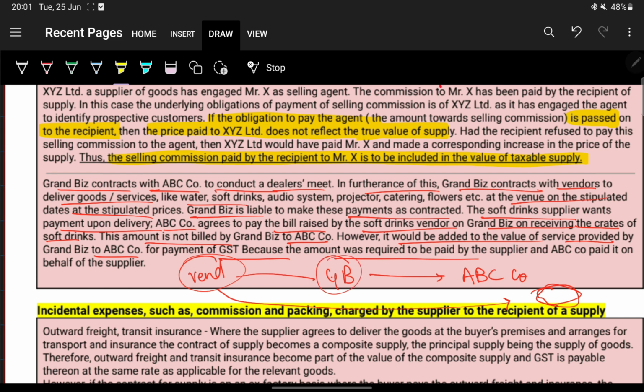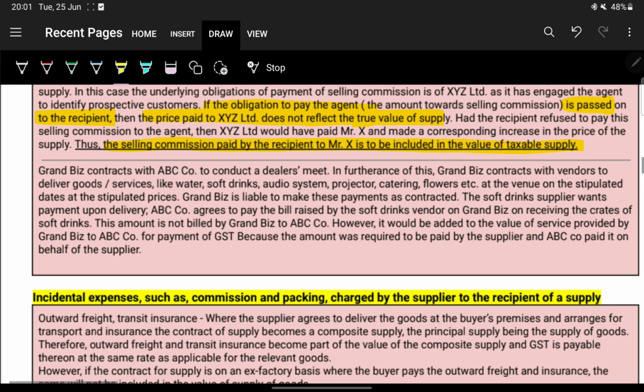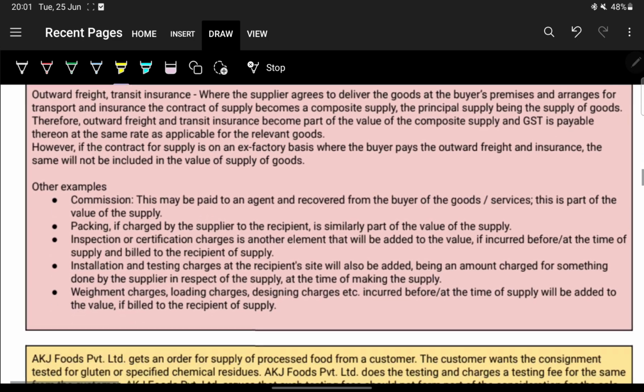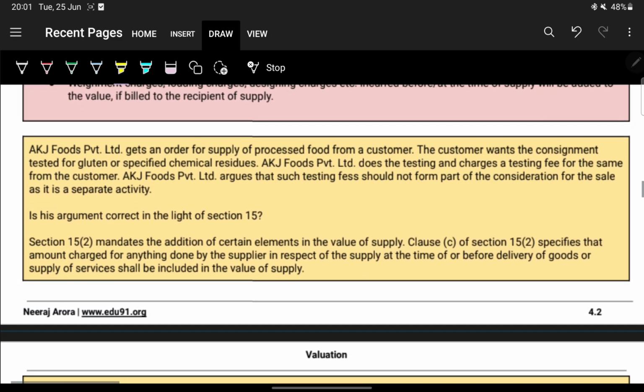Here Grant Biz asks ABC company to pay the vendor directly. Since ABC company is paying directly to the vendors on behalf of Grant Biz, the amount paid by ABC Co to the vendor should be added to the value of supply. That is what they were talking about. Okay, next.